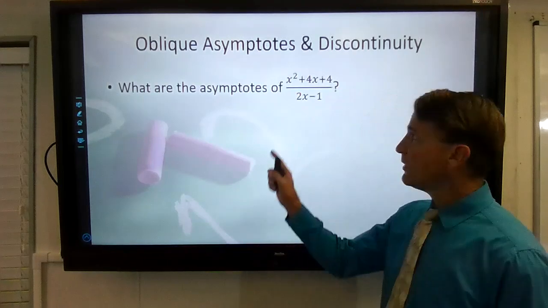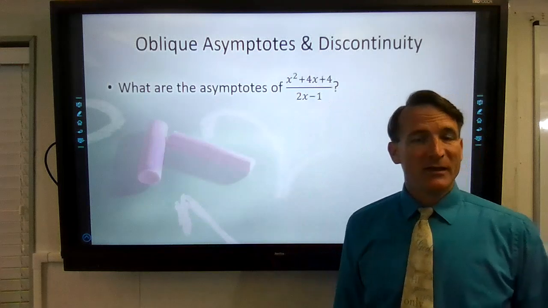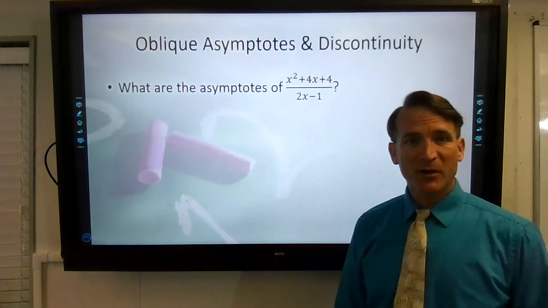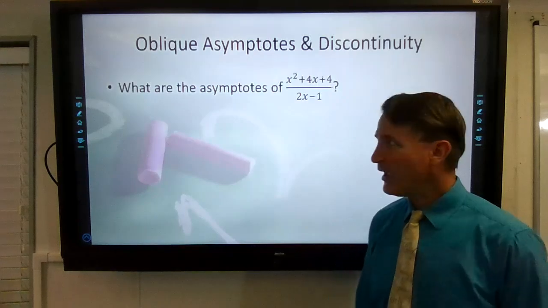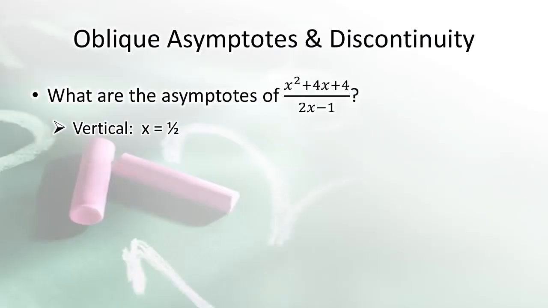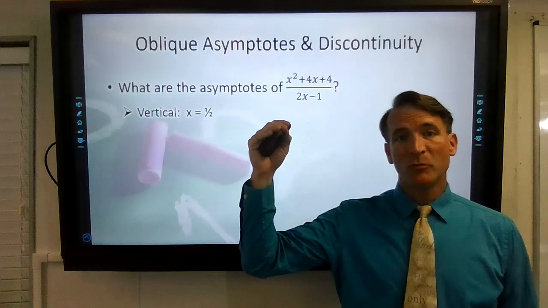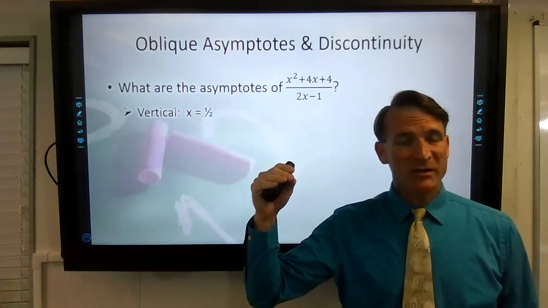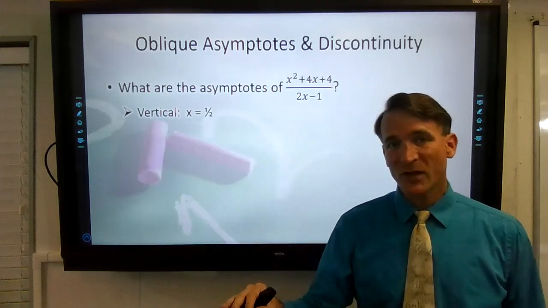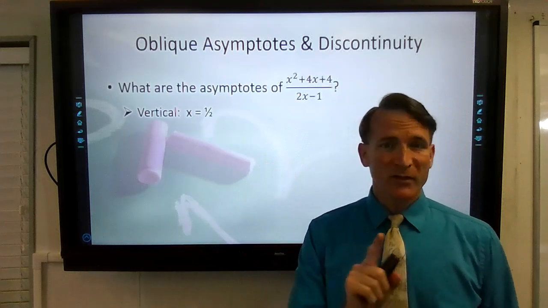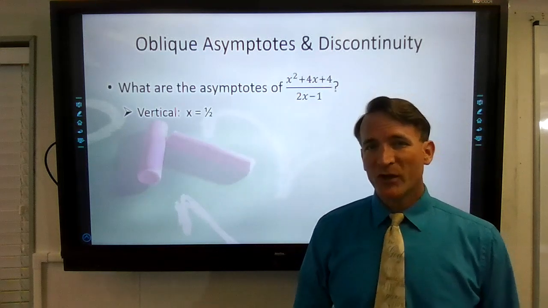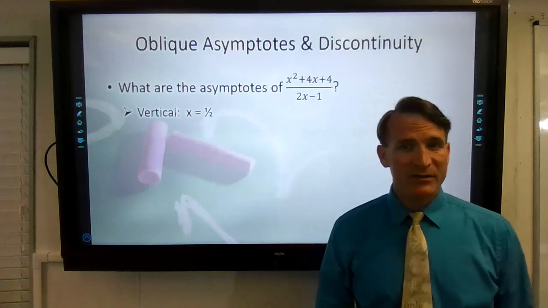So I have 2x minus 1, and when I set that equal to 0, I get x is equal to a positive 1/2. So I have a vertical asymptote at x equals 1/2. Horizontal: the degree of my numerator is greater than the degree of my denominator, so I have no horizontal asymptote. However, the degree difference is only that of 1. So I could have an oblique asymptote.